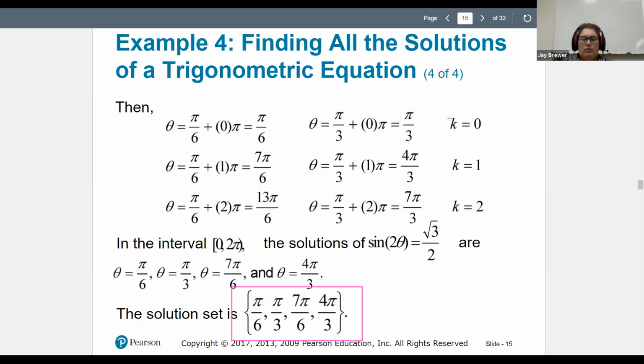So over here, we can see the K values that they used. Why do you think they had to use 0, 1, and 2?